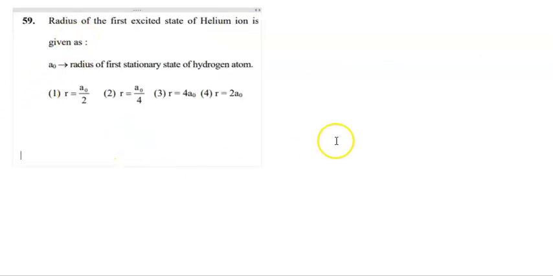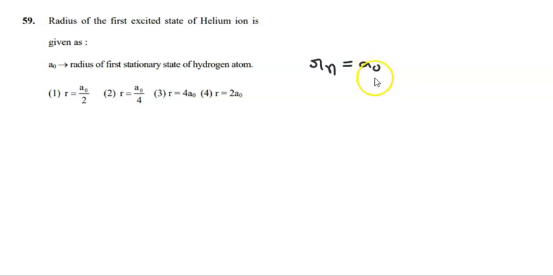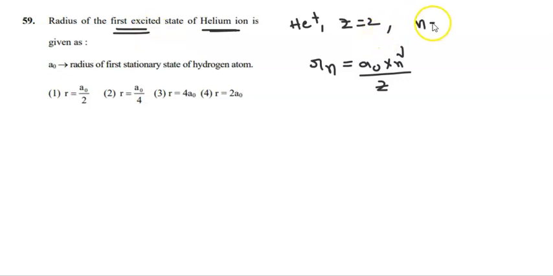The radius of the first excited state of the helium ion is asked. So clearly we know that the radius of the nth orbit, Rn, is equal to A0 n square by Z. For the helium ion, that is He+, the value of Z is taken as 2, and for the first excited state, the n value is taken as 2.